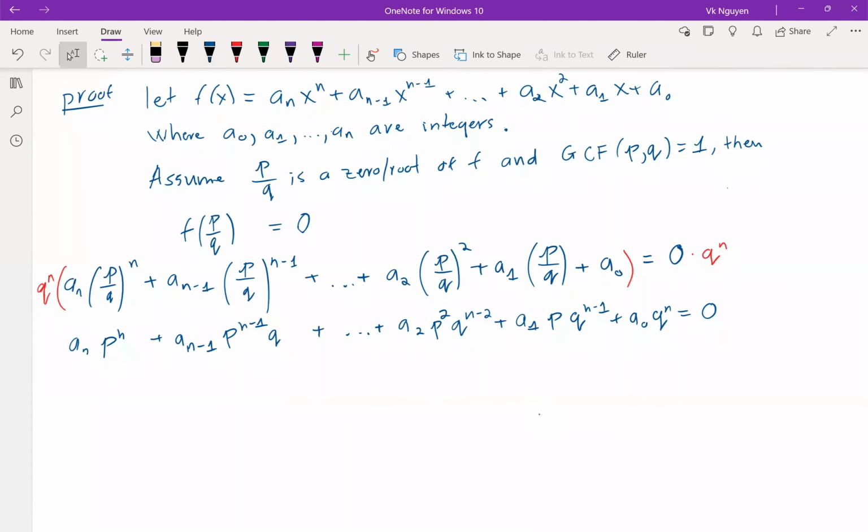This is what we can do next. We can move minus a sub 0 q to the n to the side. Minus a sub 0 q to the n on both sides. This is gone. Notice that we can factor out a p from this linear combination.